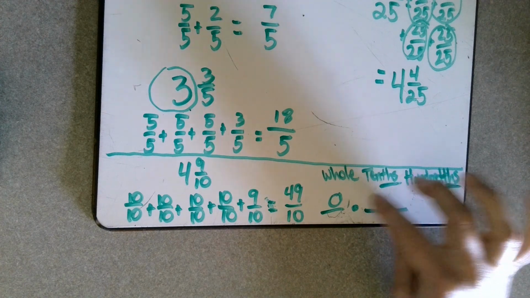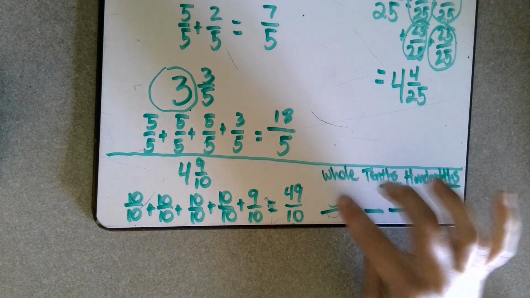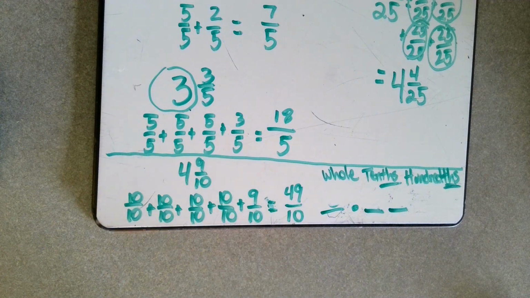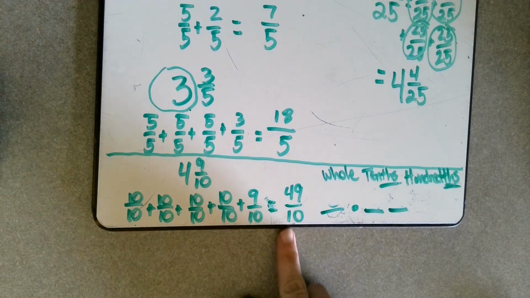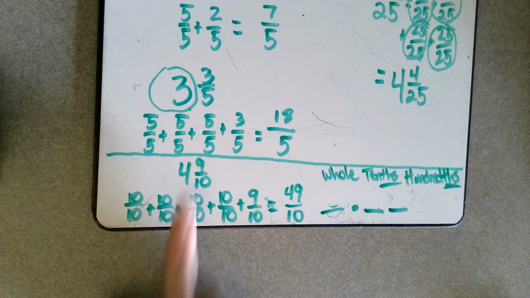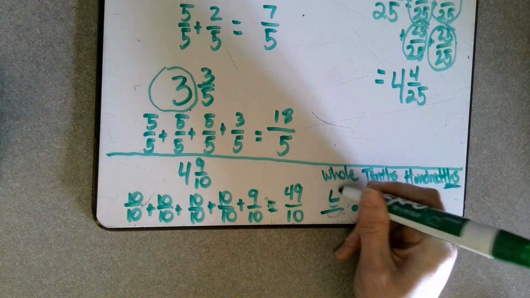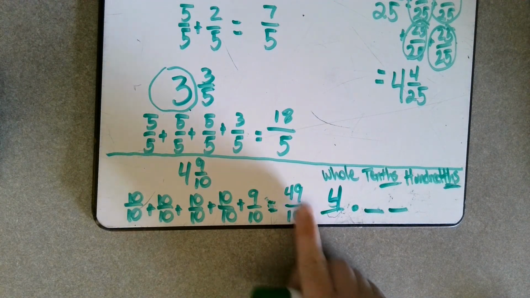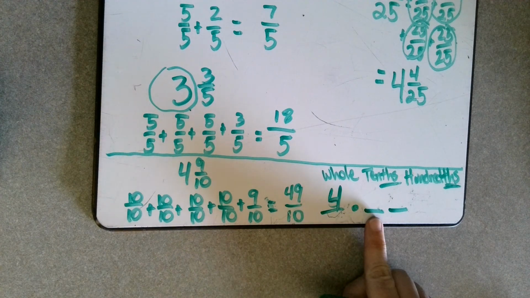You know that it's greater than 1. Our numerator is greater than our denominator, right? So I think again about how many wholes are there. Well, there's 4 wholes, so I'll put 4 here, right? And I can't put 2 digits, both the 4 and the 9, the 49, into the tenths column, right?